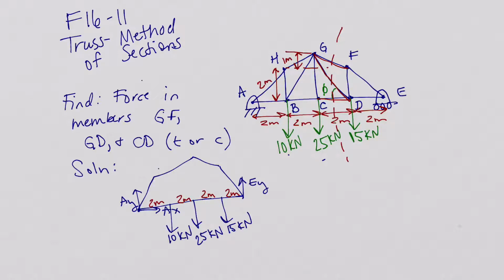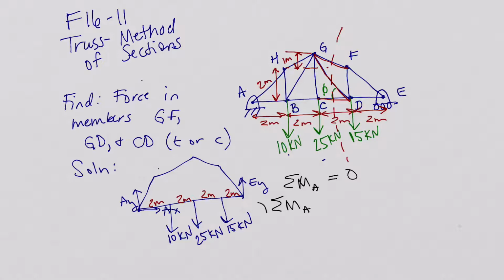So with this, we basically have 3 equations that we can use. We can sum forces in the x direction, sum forces in the y direction, and do moments to figure these out. So we could start by summing the moments about A, since there are 2 unknowns at A, and those are going to equal 0 in static equilibrium.